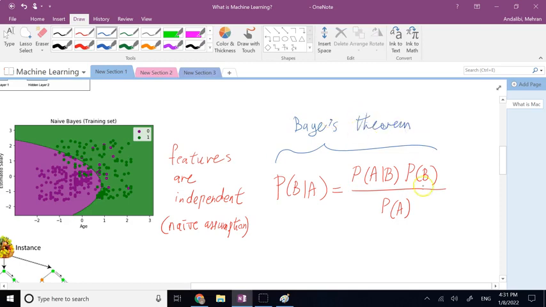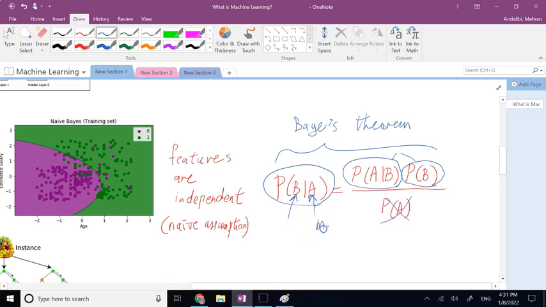Basically, this term here is called the prior probability. This is called the likelihood, and this is called the posterior probability. This is just a normalizing factor that in many applications we neglect. Based on these terms, it tries to estimate the probability that an observation comes from a model.